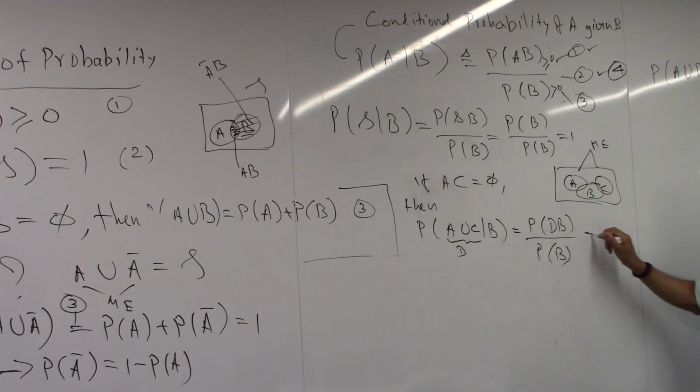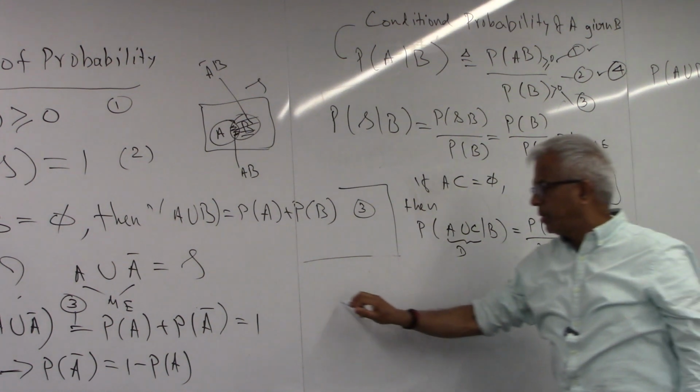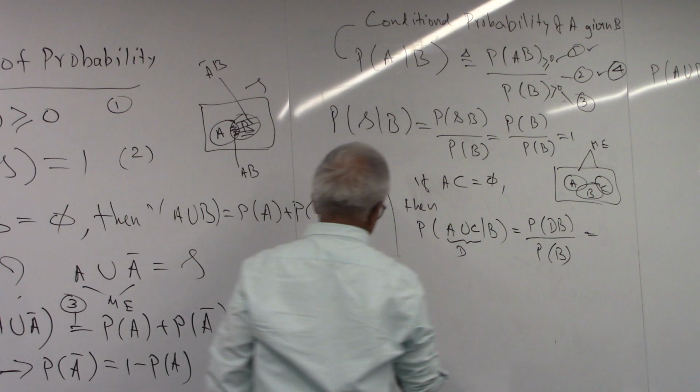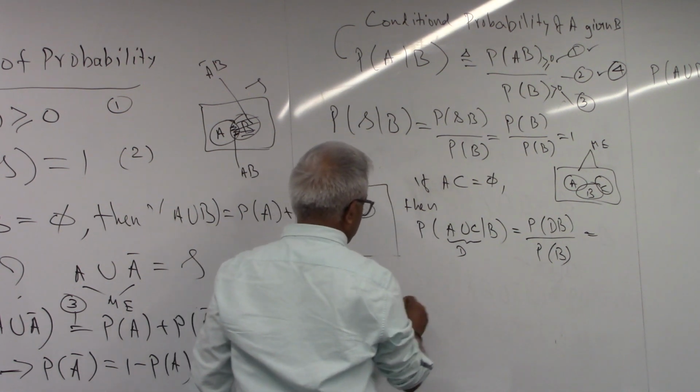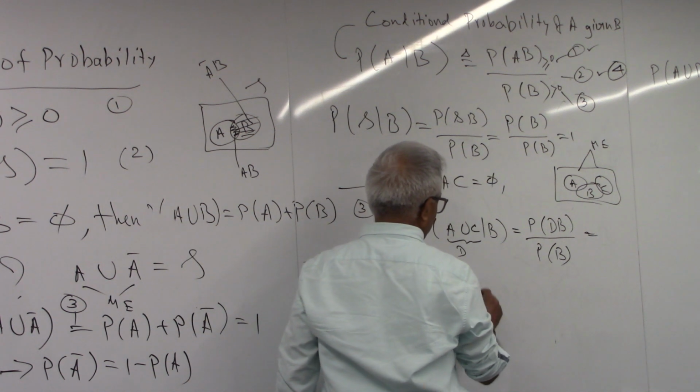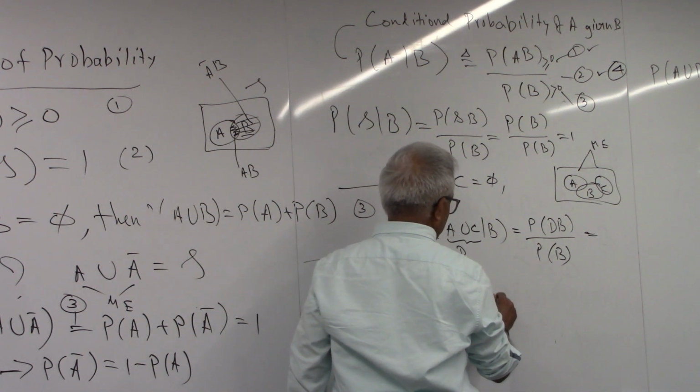But D is A union C, so P(DB) is A union C intersection B.